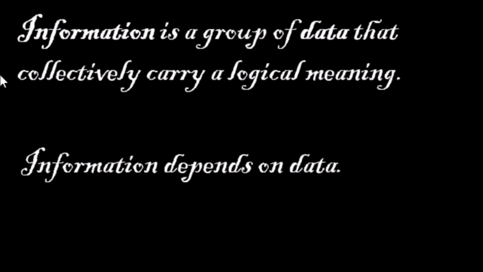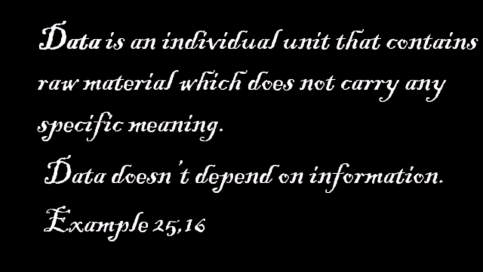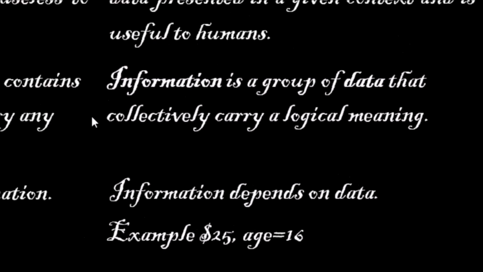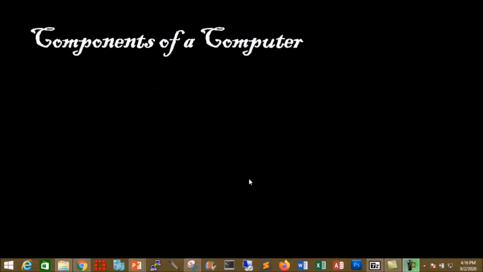Okay, and next one is the example: 2516 is raw data. It has no meaning, just the numbers 25 and 16. But in information, $25, age 16. That is, 25 is the amount, 16 is the age. Okay, this is the difference between data and information.